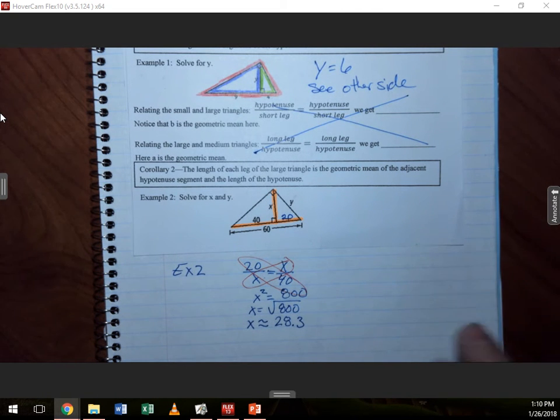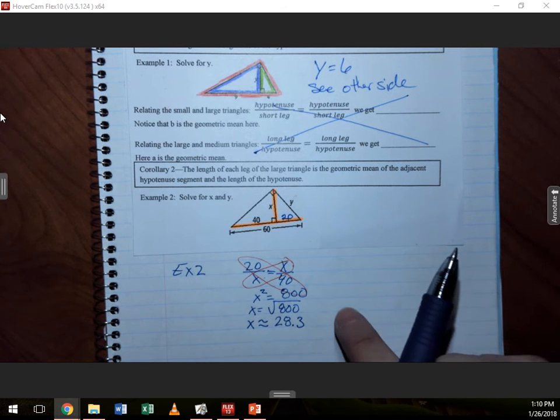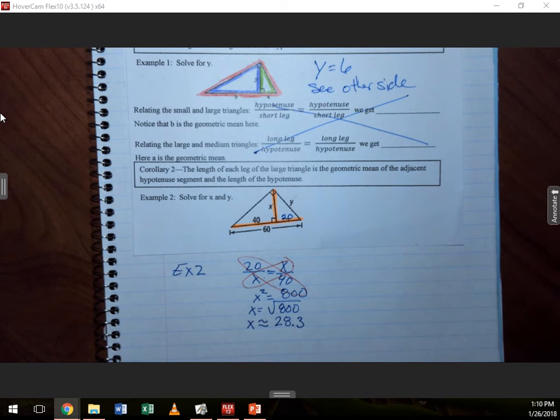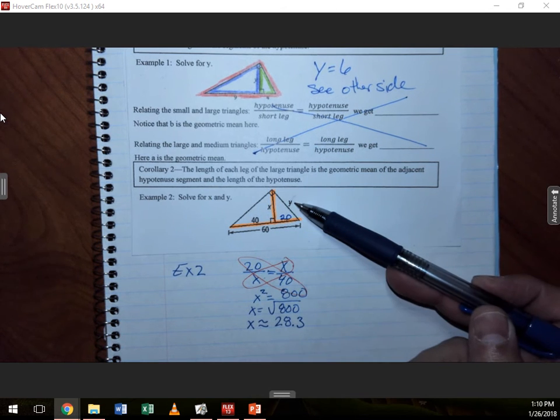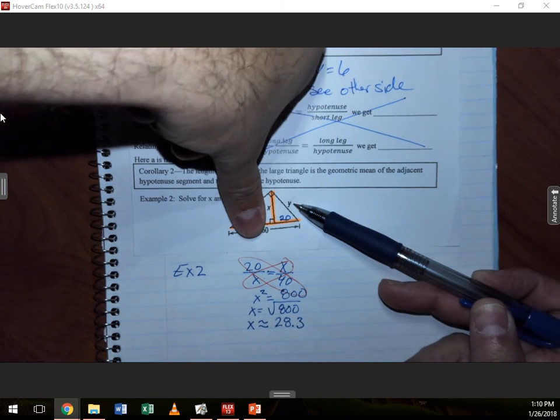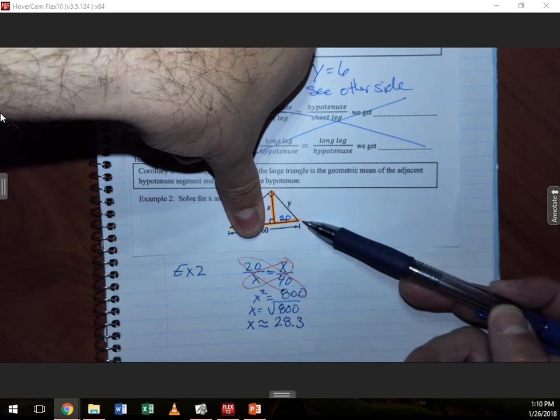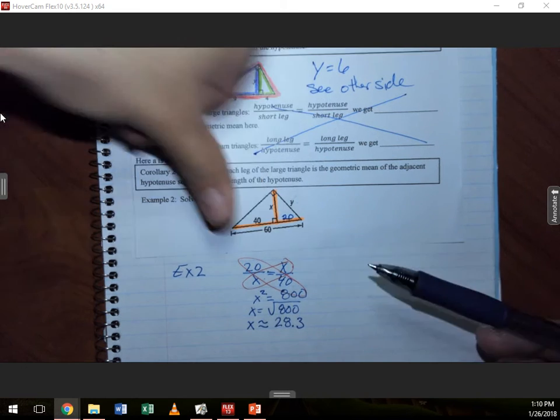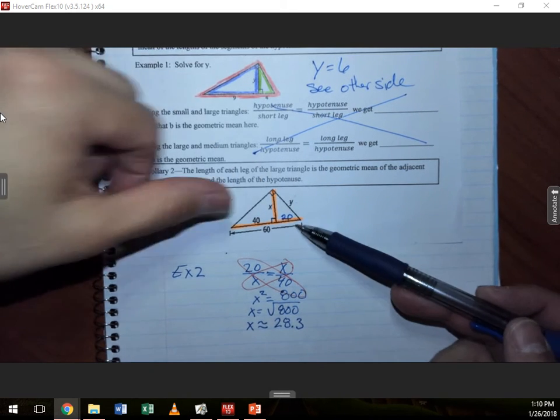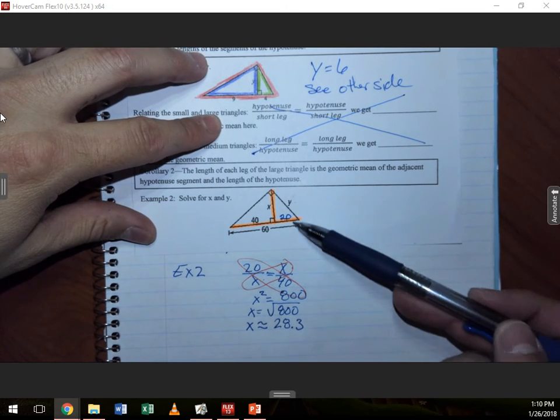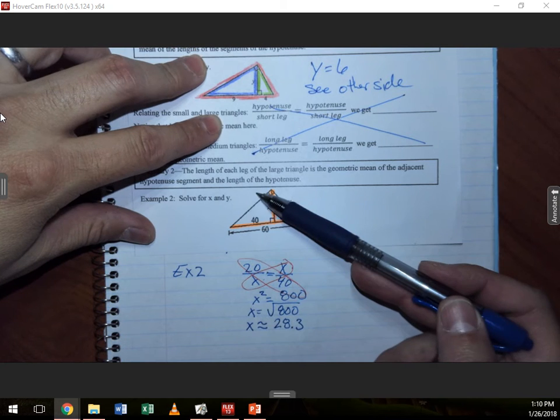Now the next part of this, so this is using geometric mean, and the next thing is going to be Pythagorean Theorem. I need to find y. So I could cover this up and just look at this little triangle here, or if I had enough information, I would look at the big triangle, but I don't have this piece.